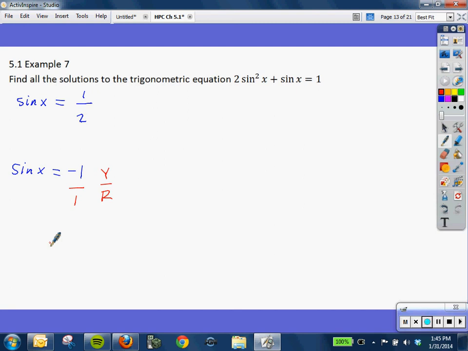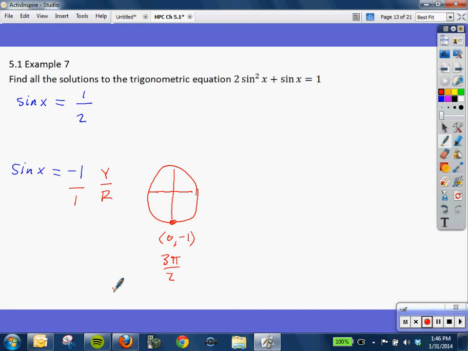Where do I have a -1 for y and a +1 for r? Down here, at 3 pi over 2. At 3 pi over 2, that's where we have a ratio of -1 for sine.